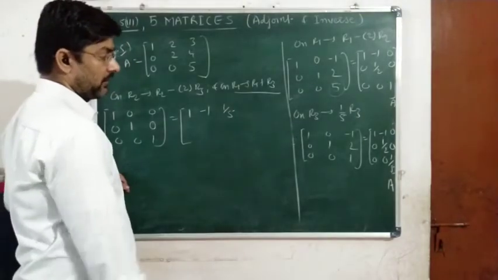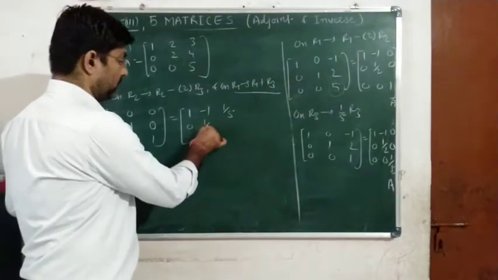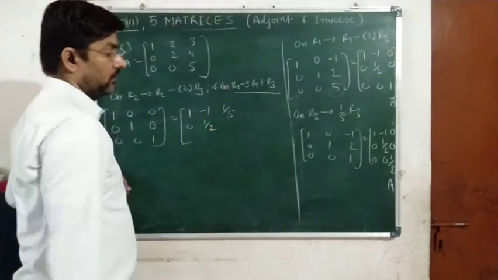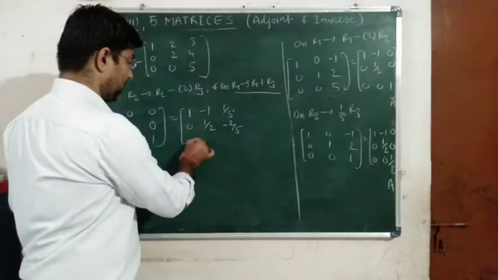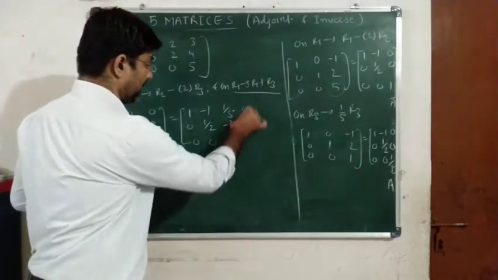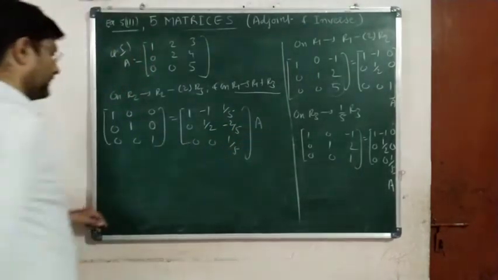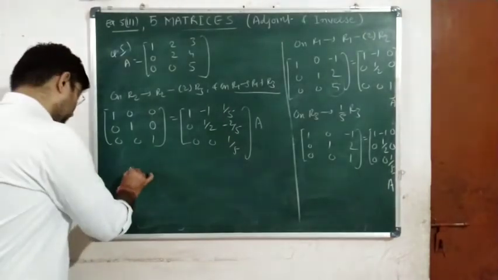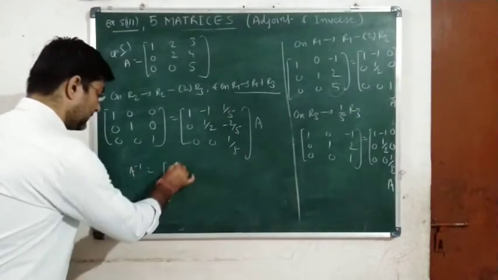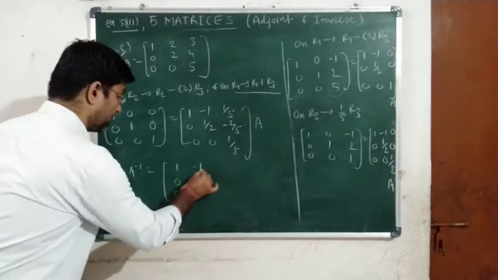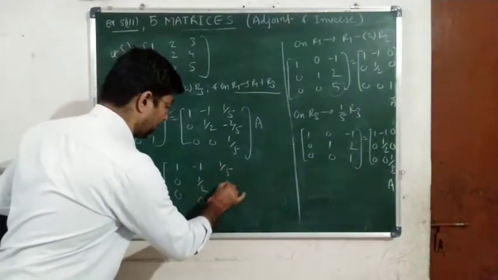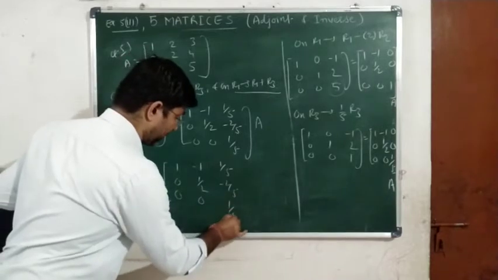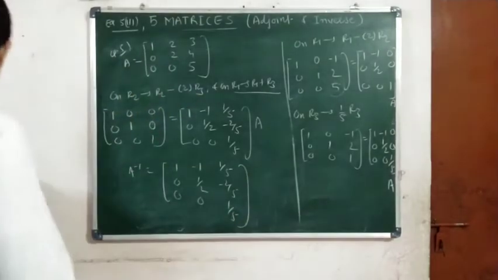Now multiply by 2, no changes, 0, 1 by 2, 2 by 5, so minus 2 by 5, 0, 0, 1 by 5. Okay, so hence we got A inverse, therefore A inverse is 1, 0, 0, minus 1, 1 by 2, 0, 1 by 5, minus 2 by 5 and 1 by 5.